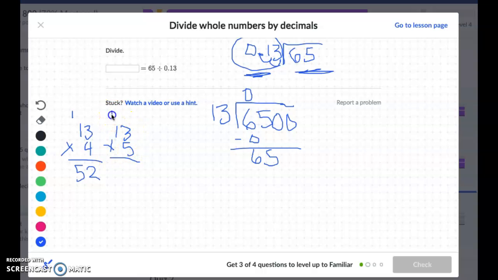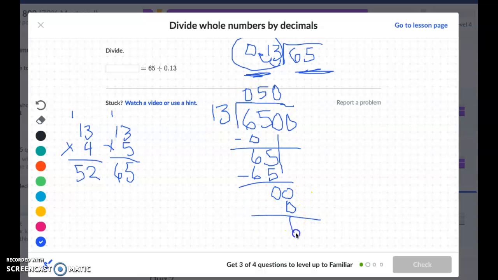5 times 3 is 15. 5 times 1 is 5, plus 1 more is 6. So 13 fits into 65 5 times. 5 times 13 is 65. I subtract and get 0 and bring down my 0. 13 fits into 0, 0 times. 0 times 13 is 0.